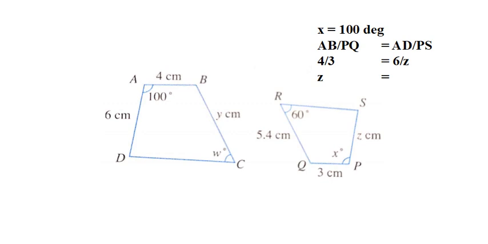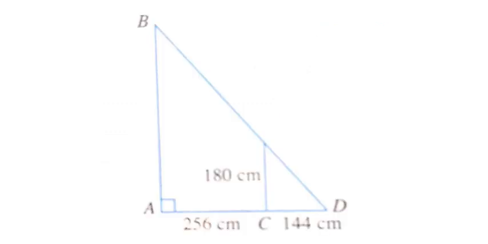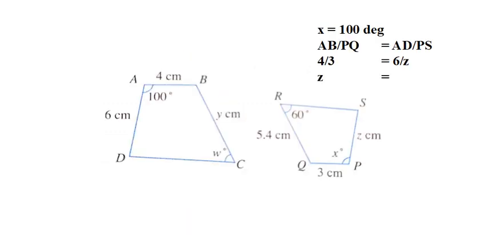So we're going to write that one first before we forget. So we know that w will be 60 degrees, and x will be 100 degrees. We're going to put our answer over there.